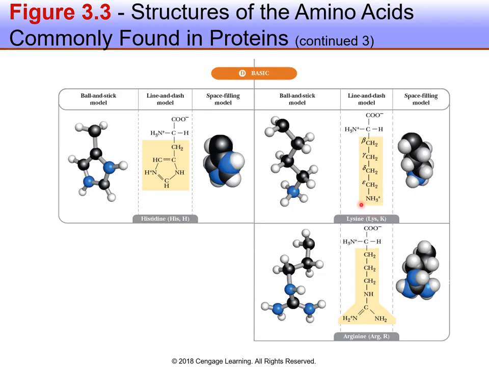So there is an amino group here, the second amino group. This is called the epsilon amino group to distinguish it from the alpha carbon amino group. Now arginine has a guanidinium group, and histidine has the so-called imidazole group, as you can see here.